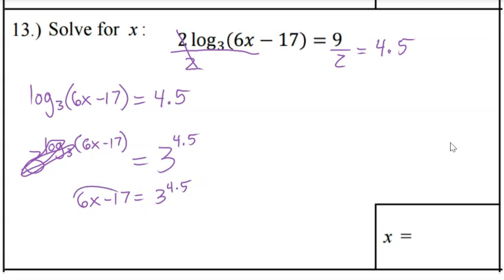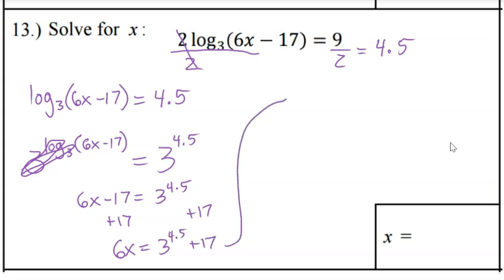So let's cancel things on the left side here. We got that minus 17, so we'll add 17 to both sides. And now we'll have 6x is equal to 3 to the power of 4.5 plus 17. I'm going to move up over here where I have a little more space. 6x is equal to 3 to the power of 4.5 plus 17.